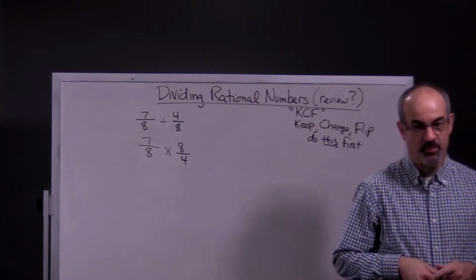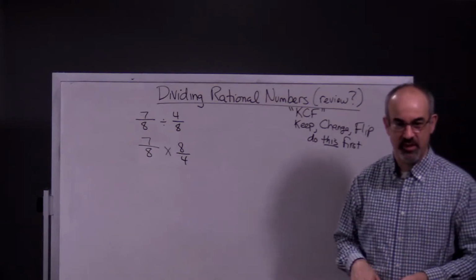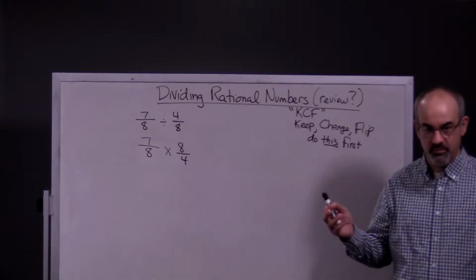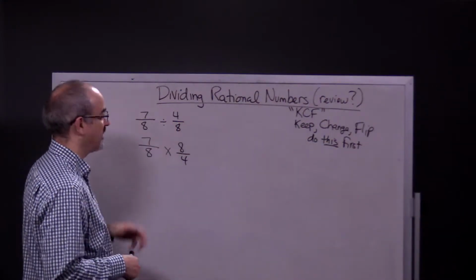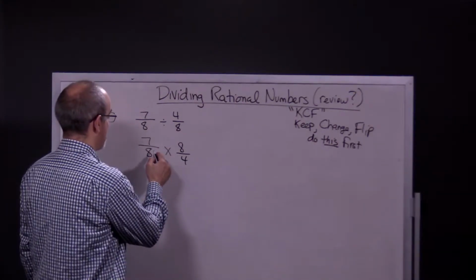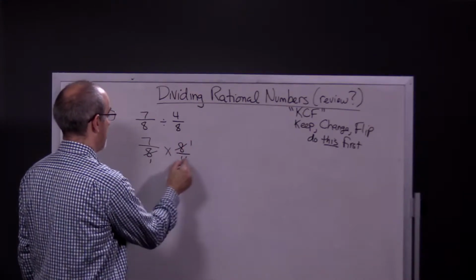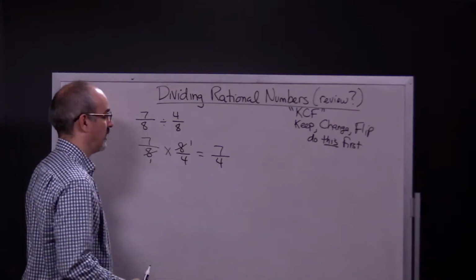it kept, changed, and flipped, then you can simplify either direction. Like you can simplify these numbers, so the 8's cancel out, and you're left with 7 over 4.